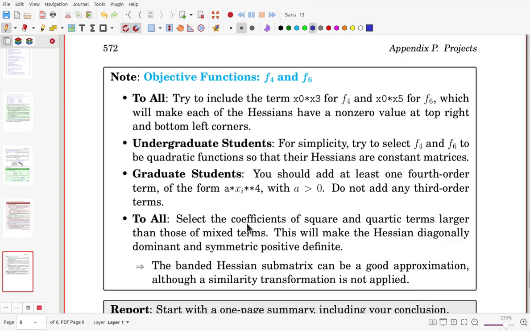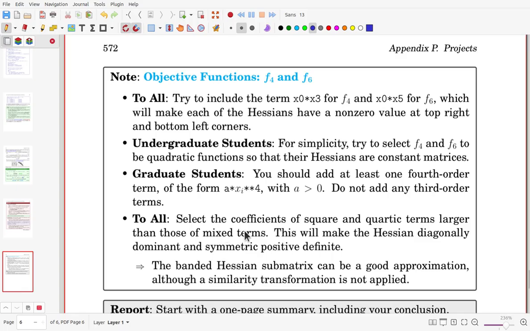Select the coefficients of the square and quartic terms larger than those of the mixed terms. That means for x0 squared, x1 squared, x2 squared, and the quartic terms, choose coefficients larger than those of mixed terms like x0 x1 or x1 x2.